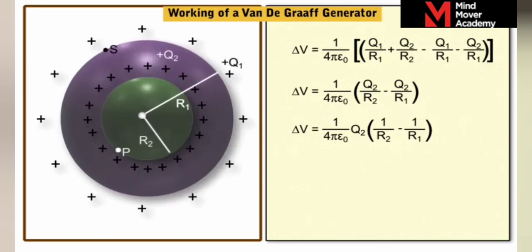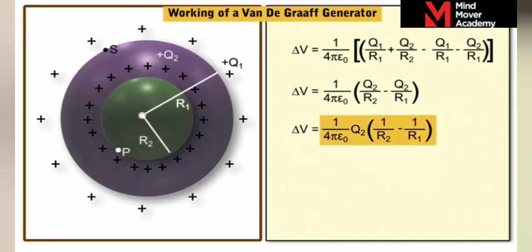We see that the potential difference delta V depends on the value of Q2. Since Q2 is positive, the value of delta V is also positive. This clearly implies that the potential at the inner sphere is greater than the potential at the outer sphere.